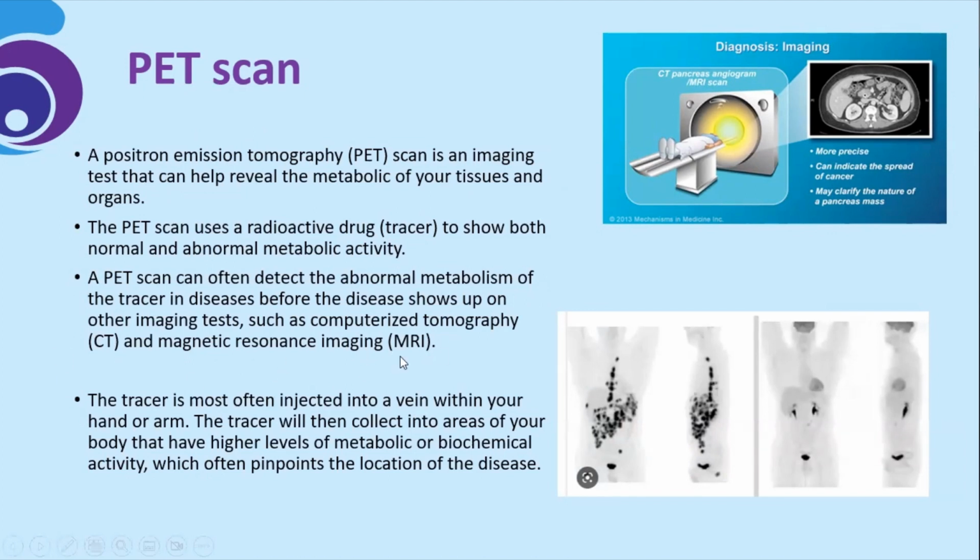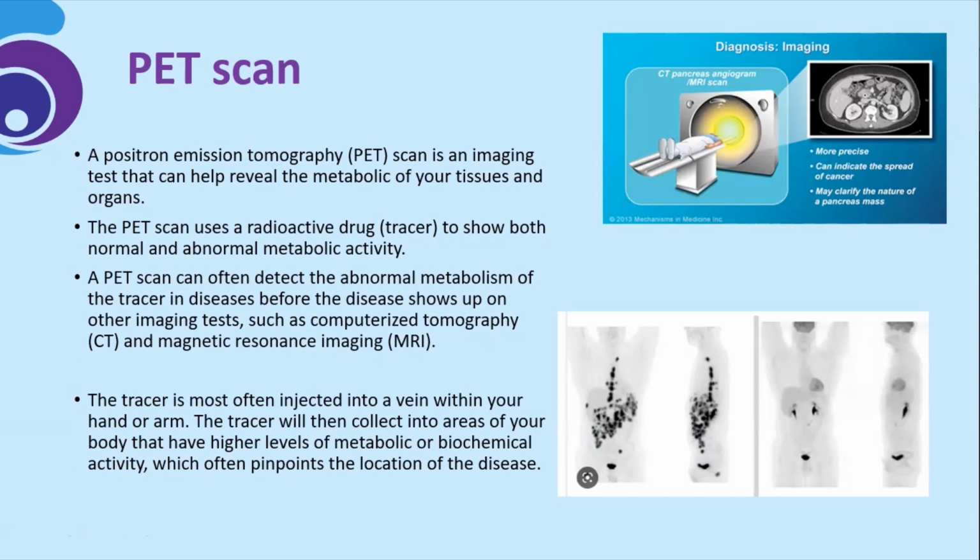So if you've gone a long period of no evidence of disease, so your cancer is in a stable state, it's not active, you might be feeling off, have pain, and be concerned, oh, I think my cancer might be back. Sometimes if you have a CT and an MRI, it doesn't show up. Sometimes on the PET scan, it will actually show up, because it shows up things a little bit earlier than a CT and an MRI.